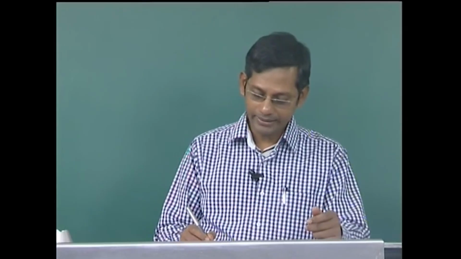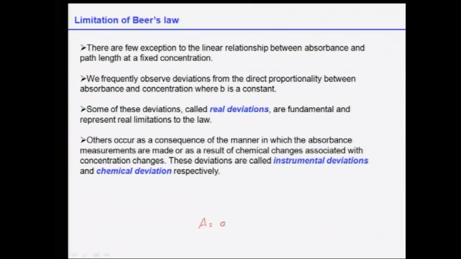As I said, A equals a B C. This is the linear law. We frequently observe deviations, just like deviations in Raoult's law, all of you know. Raoult's law is also a linear law, but there are deviations there also.